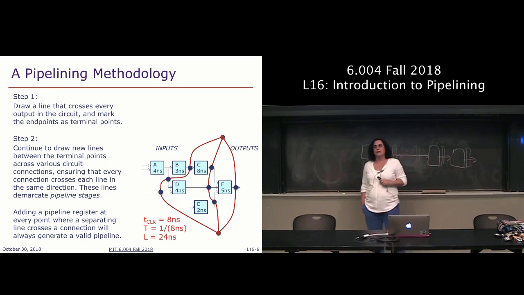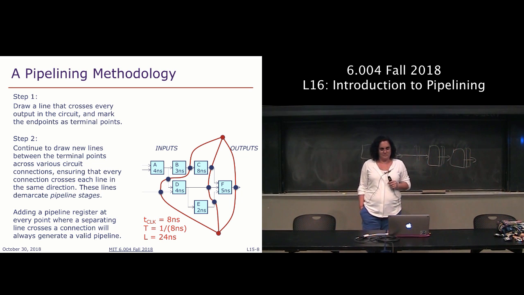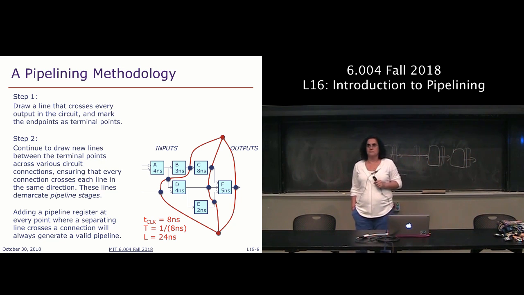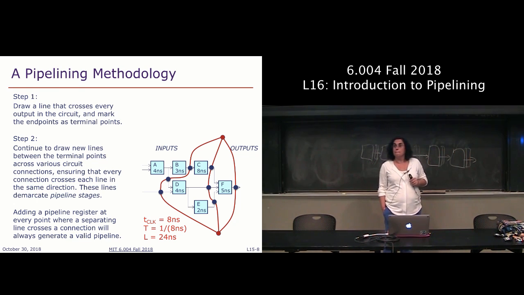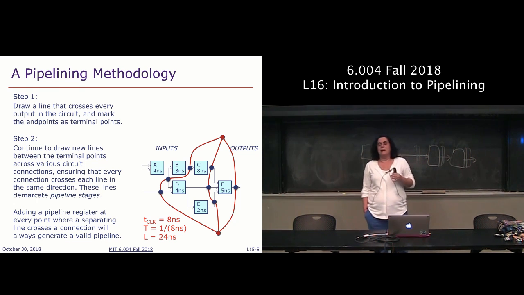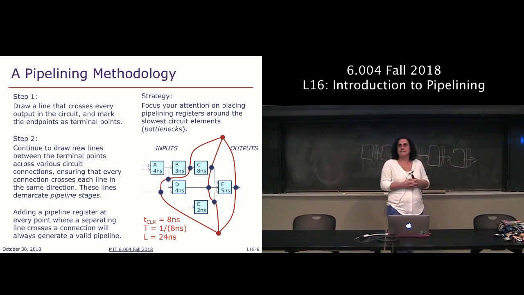Okay, so, yes? If C was 6 nanoseconds, would the clock still be 8 or should it be 9? Because I should consider A and B a single thing, because they're both set for a register. If C was 6, then what I would have done is create another pipeline stage that separated A and B. And the reasoning for that is as follows.